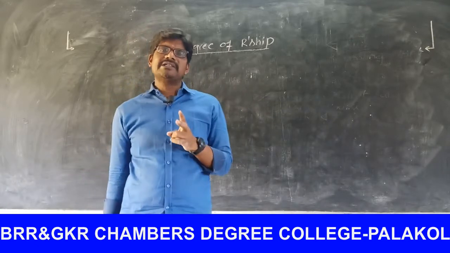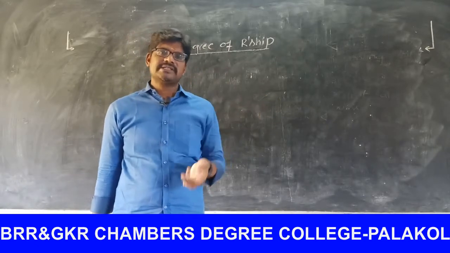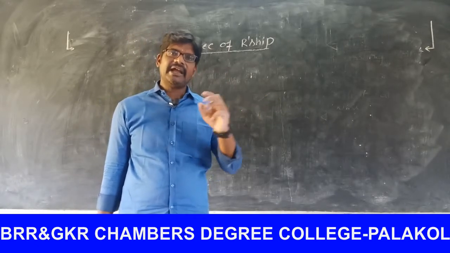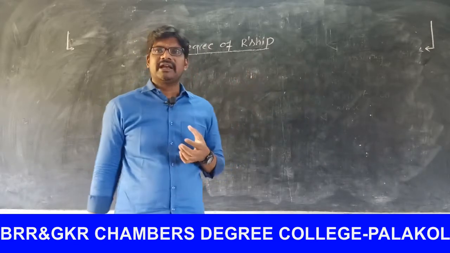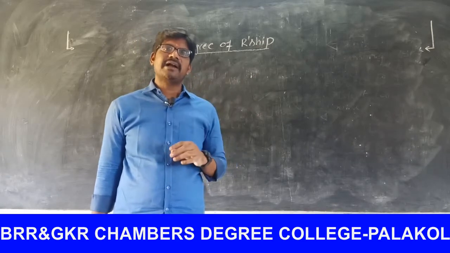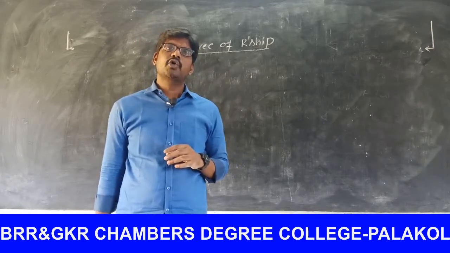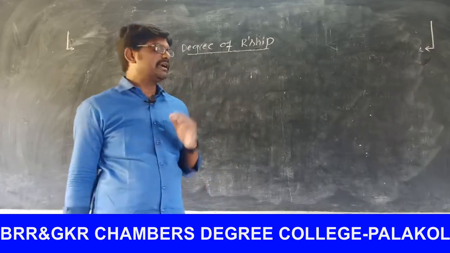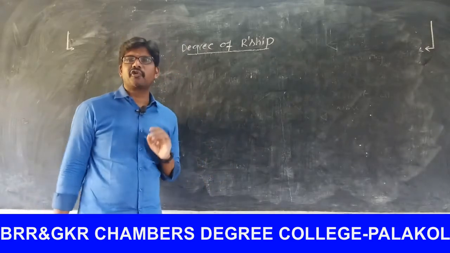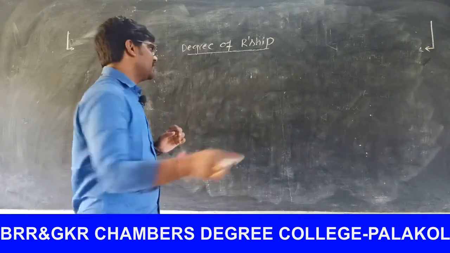Two entities are participated, we call it as binary relationship. Three entities are participated, we call it as a ternary relationship. Four entities are participated, we call it as a quaternary relationship. Okay, so what are the degrees of relationships? There are four types of degrees of relationships.